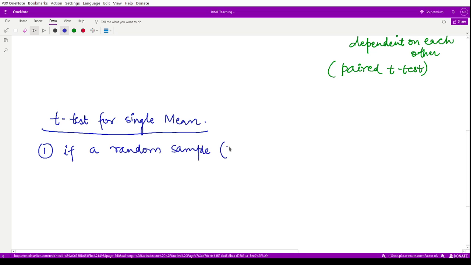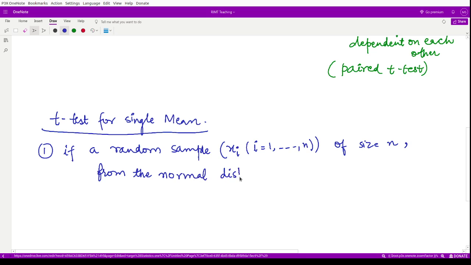Random sample means all the sample entries are taken randomly from the population having size n. This sample is available to you from the normal distribution. So that means the population follows the normal distribution in this case. So then we can use this test.